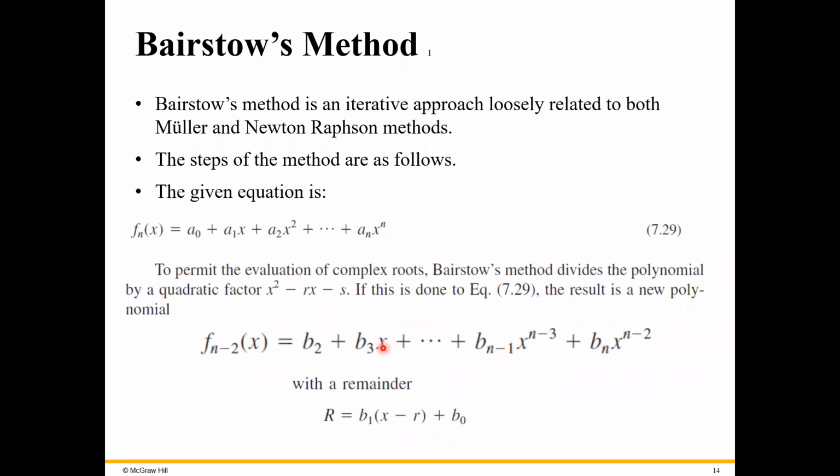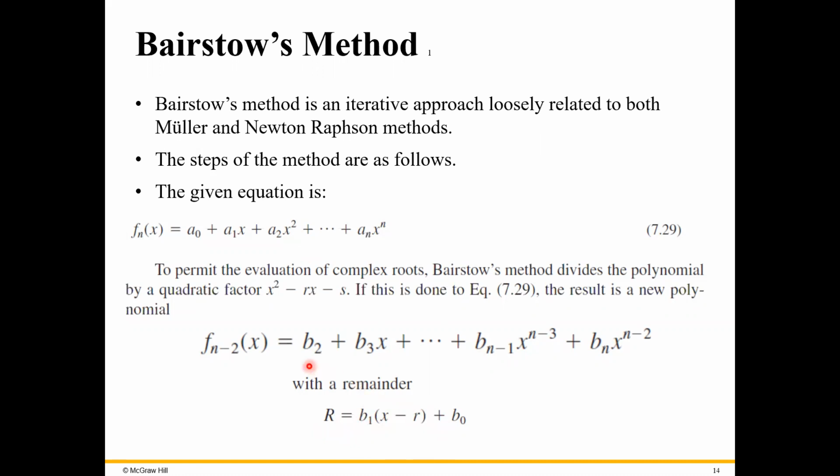The remainder will be 0 if x square minus rx minus s is a factor of this polynomial. If it is not zero, then the value can be determined by this.